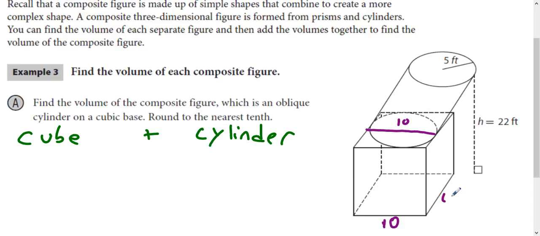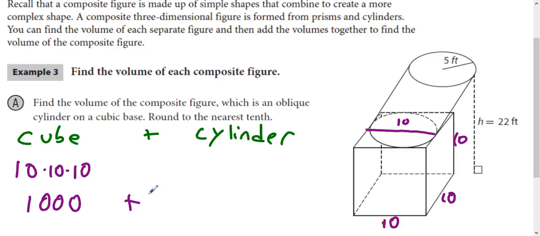So this cube is all 10 by 10 because it fits the circle perfectly on it, and the diameter of the circle is 10. And then since it's a cube, that means the height is also 10. The cube is 10 times 10 times 10. And then the cylinder is area of the base times the height.